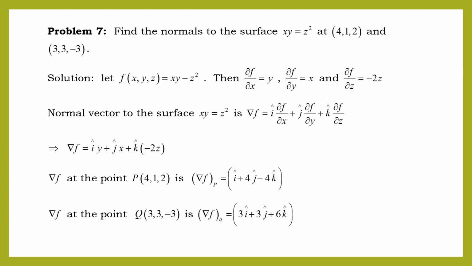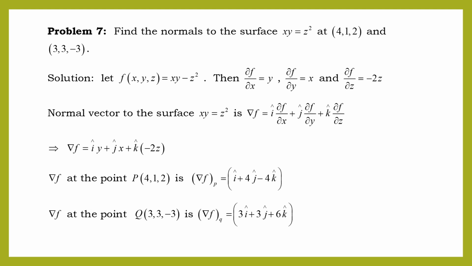Problem number 7. In this problem, a surface is given to us, xy is equal to z square. 2 points are given to us. We need to find out normals to this surface at the given points.